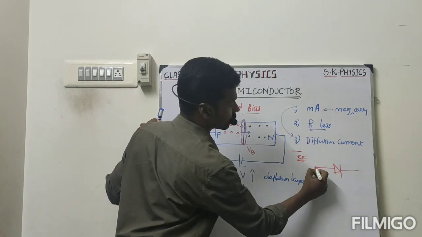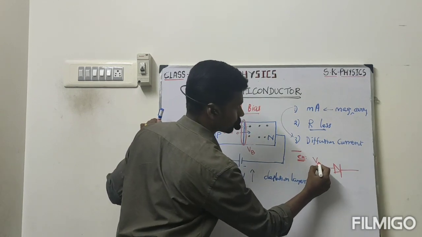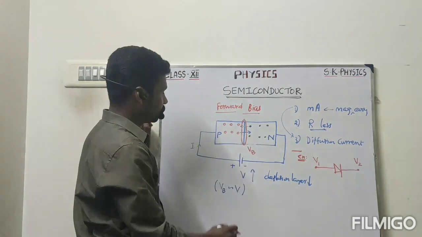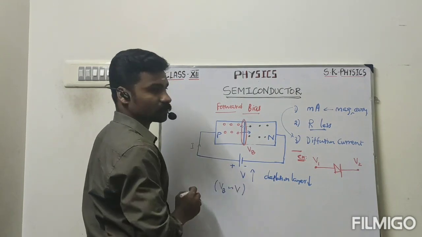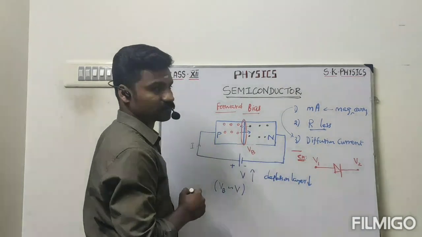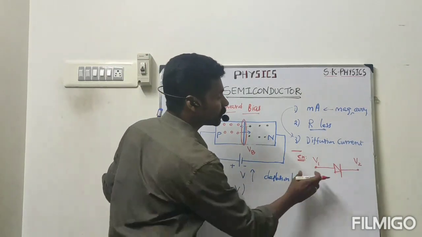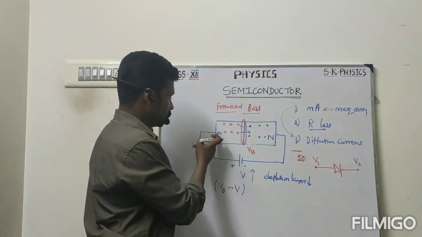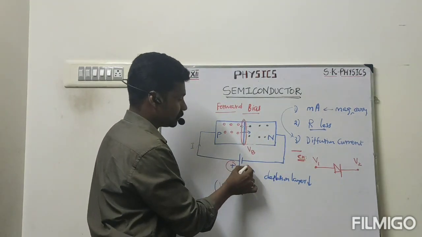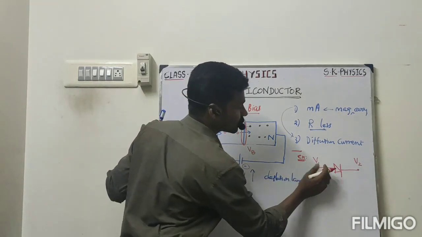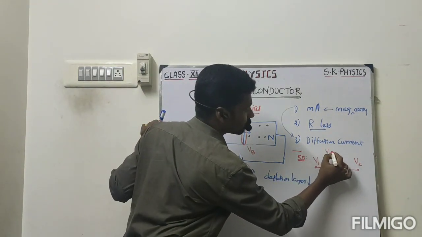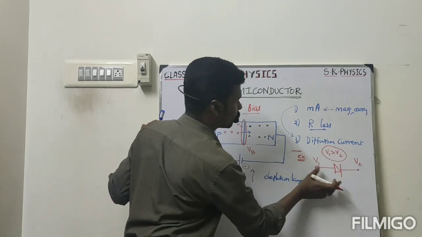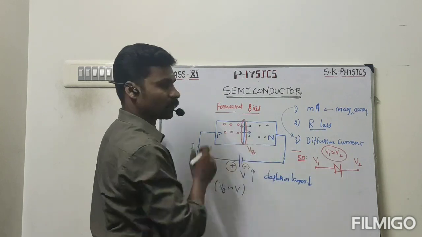Let us imagine this is V1, this is V2. We know very well, here positive terminal is connected with positive, negative terminal with negative. So we can say here V1 should be the greater value, V2 is the lower potential. So it should satisfy V1 is greater than V2. If V1 is greater than V2, it is related with forward bias.